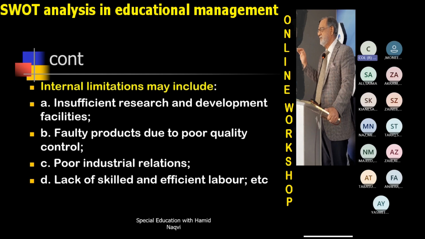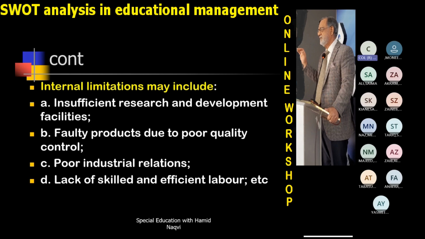So that is important. Poor industrial relationship: this particular phrase, industrial relationship, is in the context of an industrial unit. We are talking in the context of an educational institution.